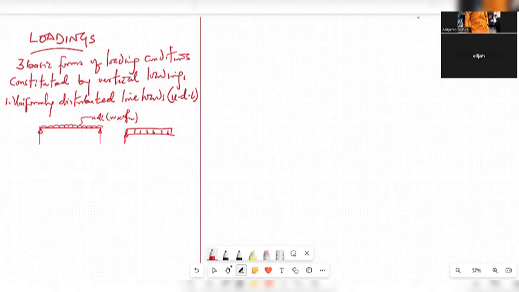So that's UDL. The second one we have is the triangular or trapezoidal load.